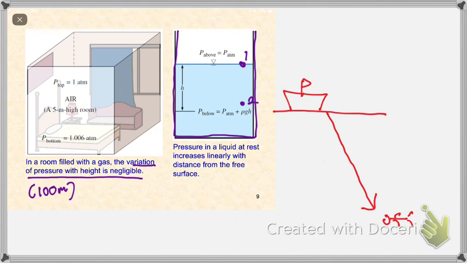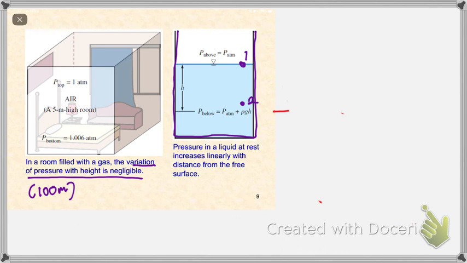There you go, and this is water. Not a good example. Instead of going for diving, we go to mountain climbing, because we are looking for air as our fluid.